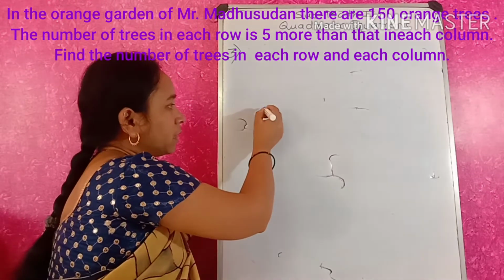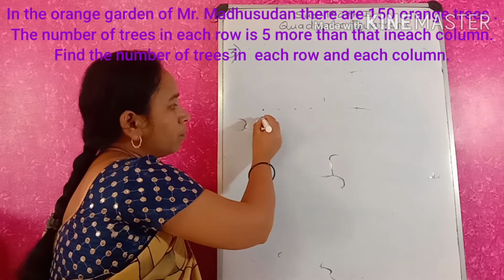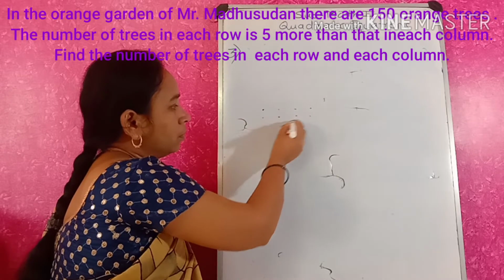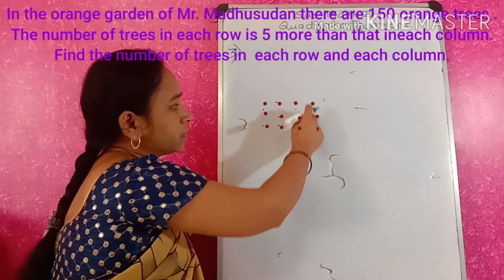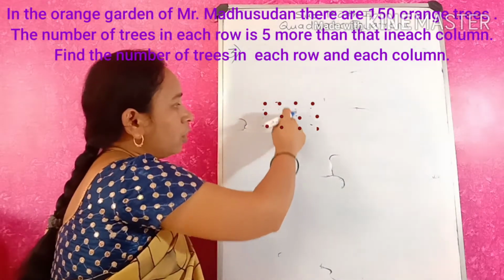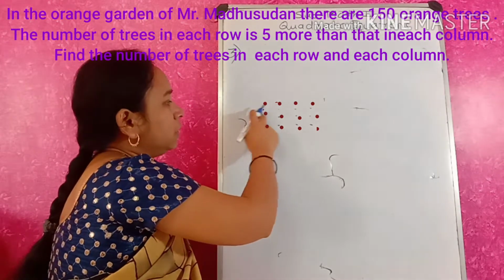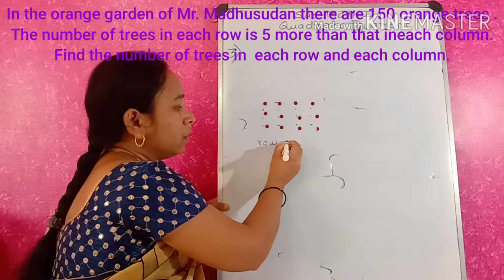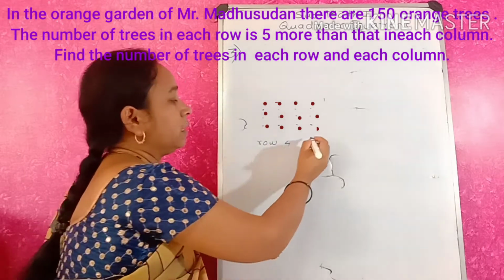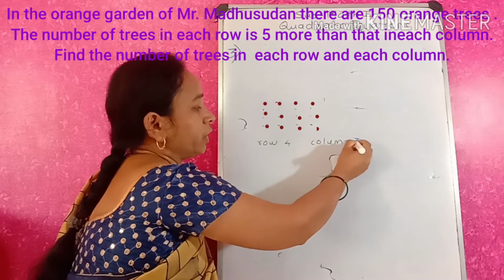See here, they have said that the trees are planted in the row and in the column. So here, I'll show you 4 columns. In each column there are 3 trees and in each row there are 4 trees. Meaning in a row there are 4 trees and in a column there are 3 trees.